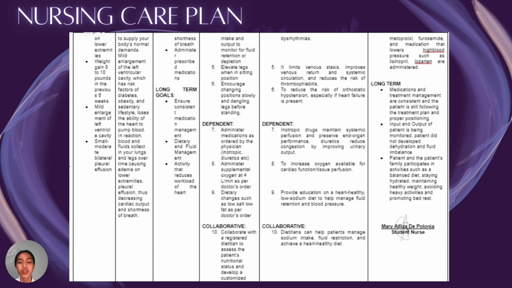As part of our patient's laboratory result, there is a mild enlargement of the left ventricular cavity, in a patient with risk factors of diabetes as part of the past diagnosis, obesity, and sedentary lifestyle. So this loses the ability of the heart to pump blood.